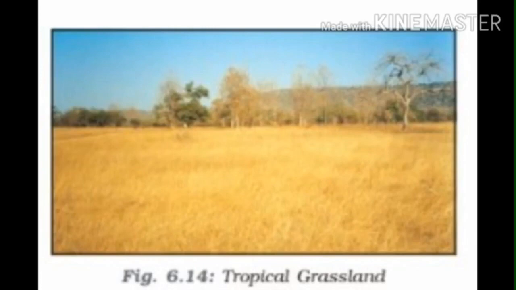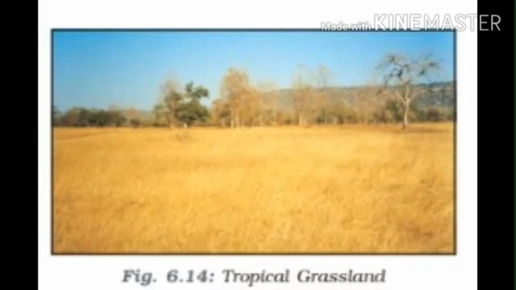These grasslands are found mainly in Kenya, then the Plateau of Brazil, then Northern Australia and the Deccan Plateau. In Africa, these are known as what? Savanna grasslands. Tropical grasslands are also known as savanna grasslands.